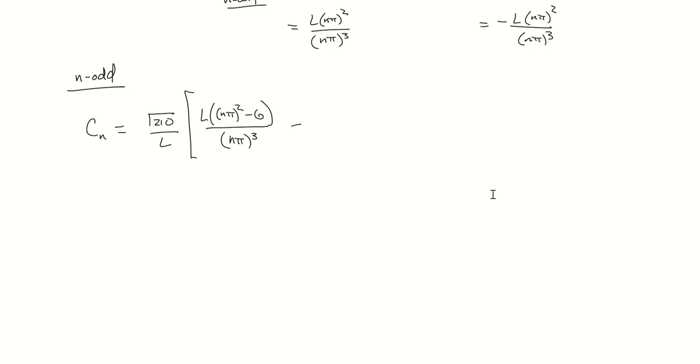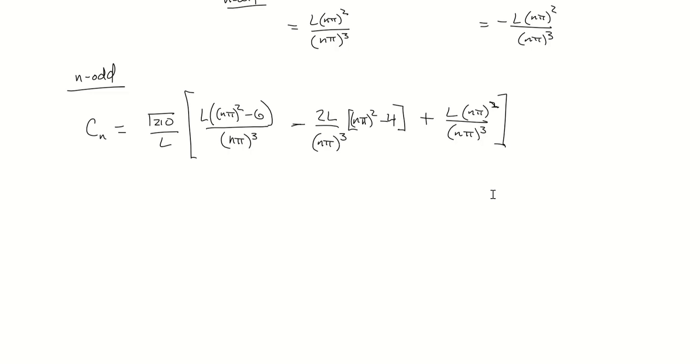The second one is minus what we had for it, 2L over n pi cubed, n pi squared minus 4. And that last one we just did, n pi squared over n pi cubed.